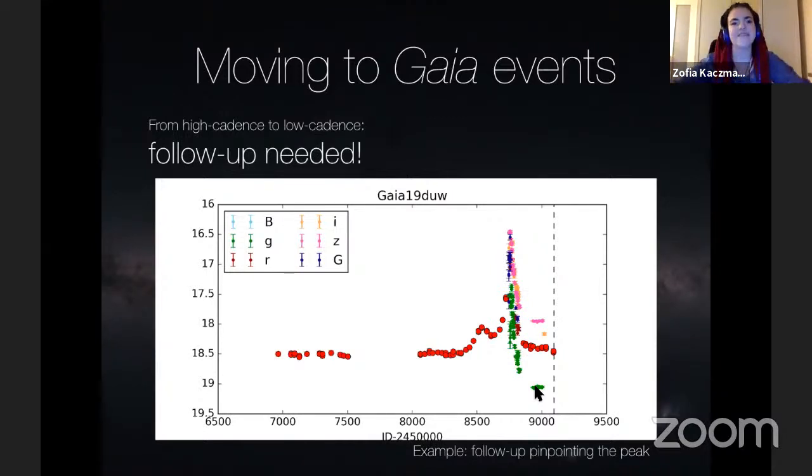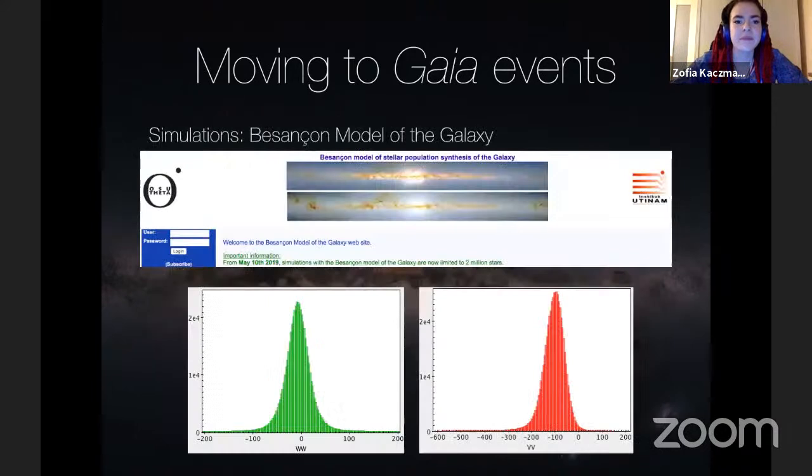So even when events are not doing something interesting, please continue observing and continue following. Okay, so another problem is that Gaia finds those events all around the sky.